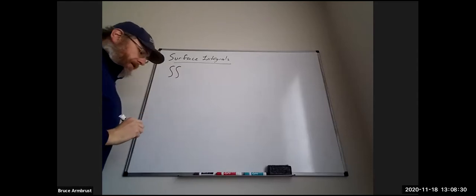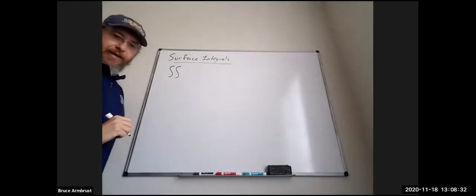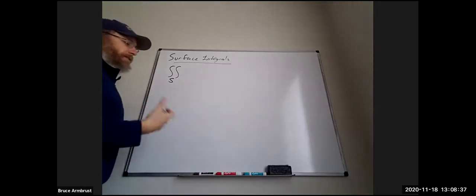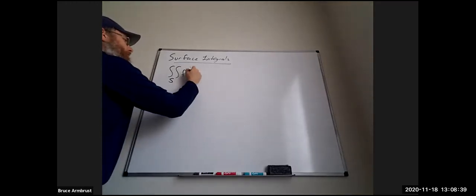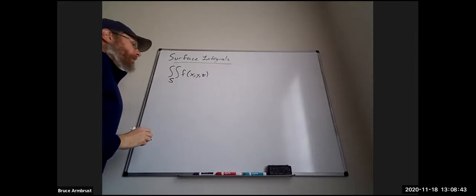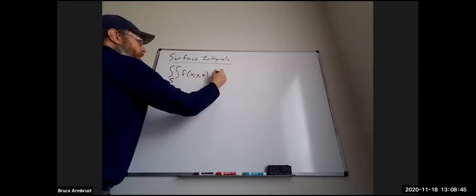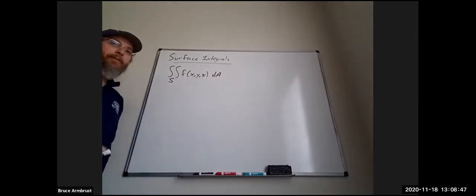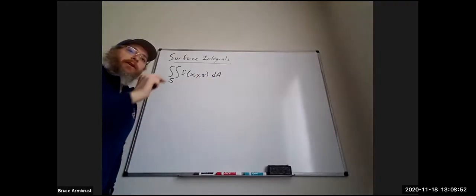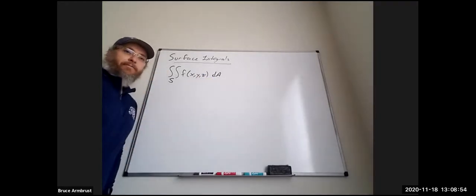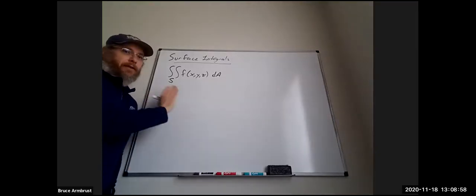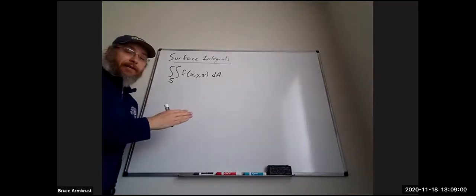I think we used the letter S for our surface, so S is just some old surface. We're going to be integrating our function, I'm going to call it f of x, y, z, and then we've got a dA. So this dA, this is surface area. We're integrating over the entirety of the surface area. Super simple idea.